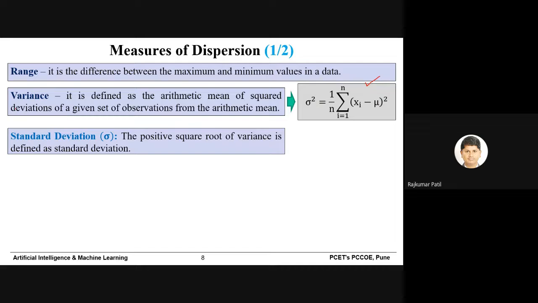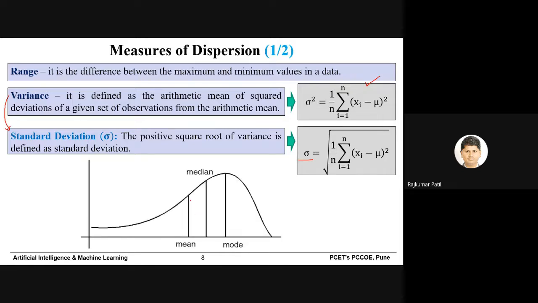Again, if we take the square root of variance, then it is called standard deviation, and this is the formula for standard deviation. So this is the mean of the distribution, and for that data, if we estimate the standard deviation, then we can put plus sigma here. Again, we can put on the other side minus sigma.